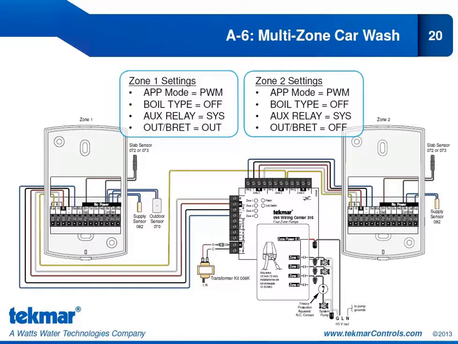And here we have the wiring for this application. Zone 1, 654, is connected into the Zone 1 input on the 316. Likewise, we have Zone 2 connected into the Zone 2 input on the 316. Now let's follow these wires. We have R, C, and TN4 from the 316 coming into R, C, and TN4 on the 654.